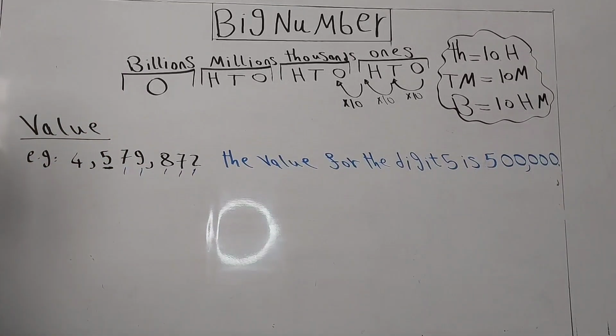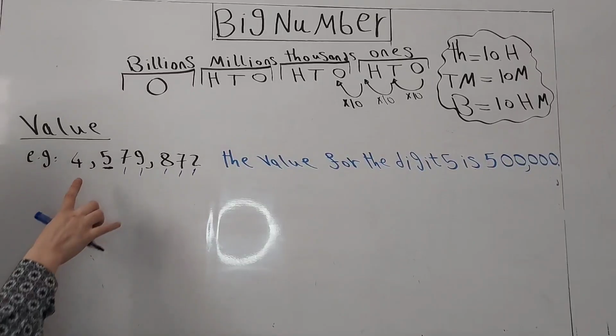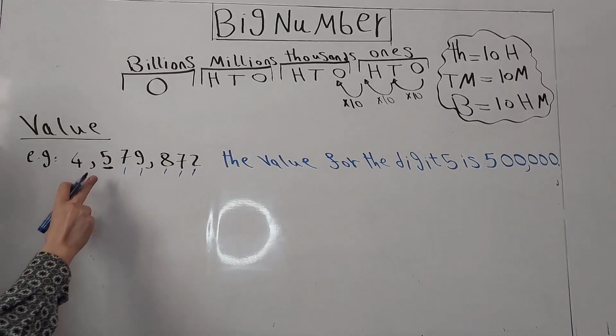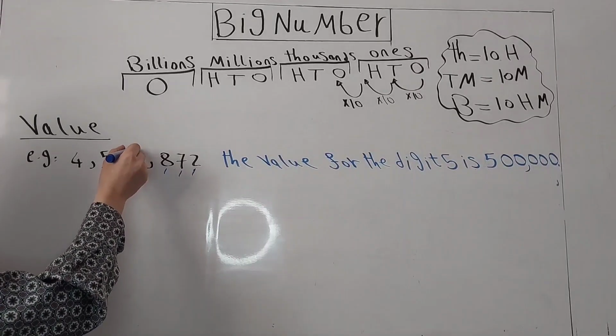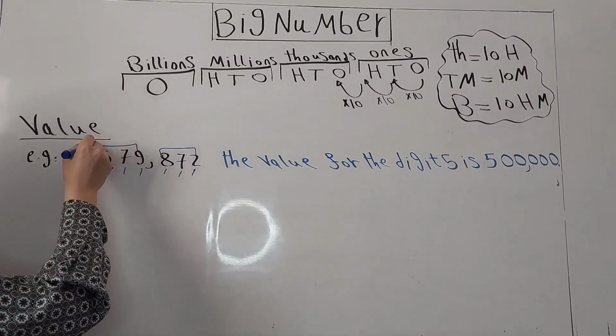The second way, by using place value. What is the place value for the digit 5? The digit 5 is in the second family, and the second family is called thousands.